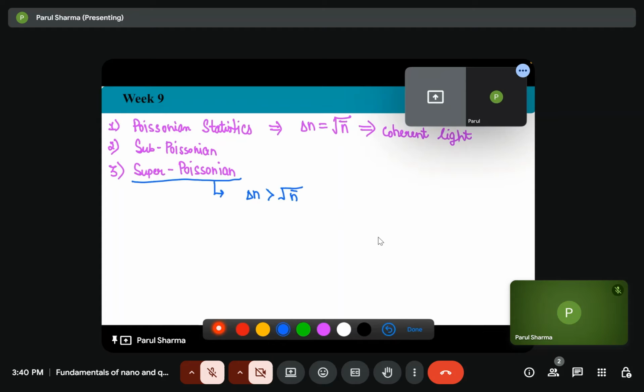The example in this case is thermal light, where there is no coherence, no correlation between amplitude and phase. It follows the super-Poissonian statistics.